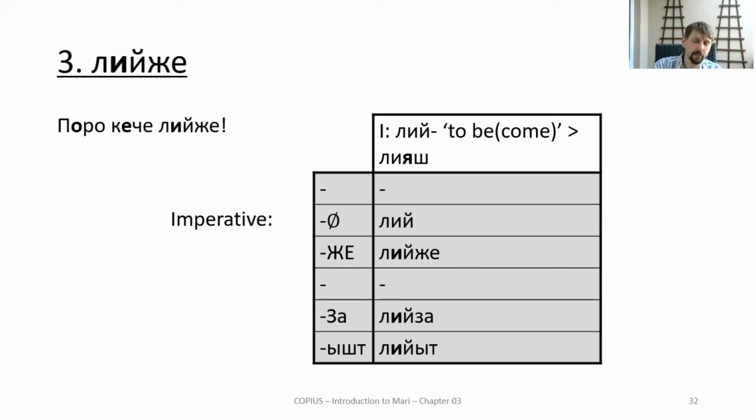For example, in Estonian, from olema, to be, you'd have olgu, may he, she, they be. In Mari, this is then lige, li being a stem meaning to become or to be, and it's the regular third person singular imperative form.